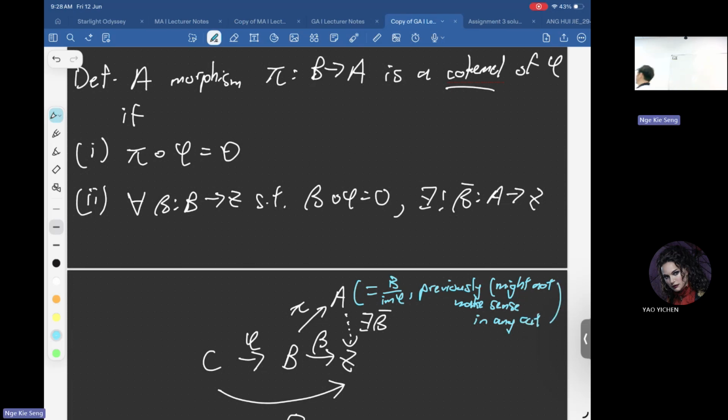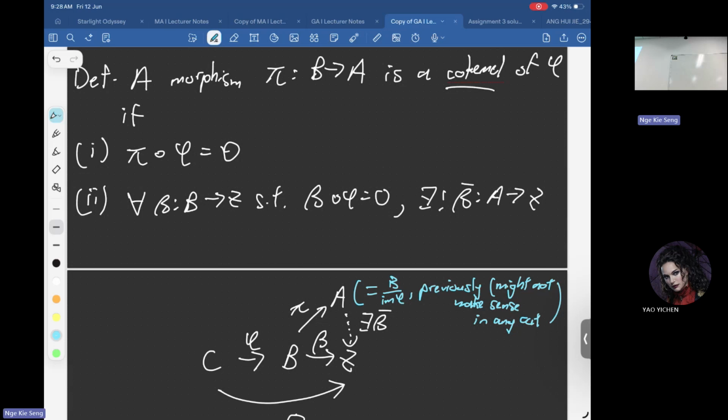So this quotient here might not make sense, but maybe it should help us to think about this universal property. So I claim that this A should be at least the quotient by the image of phi. So that you have this pi, where everything that's coming from phi is set to 0.